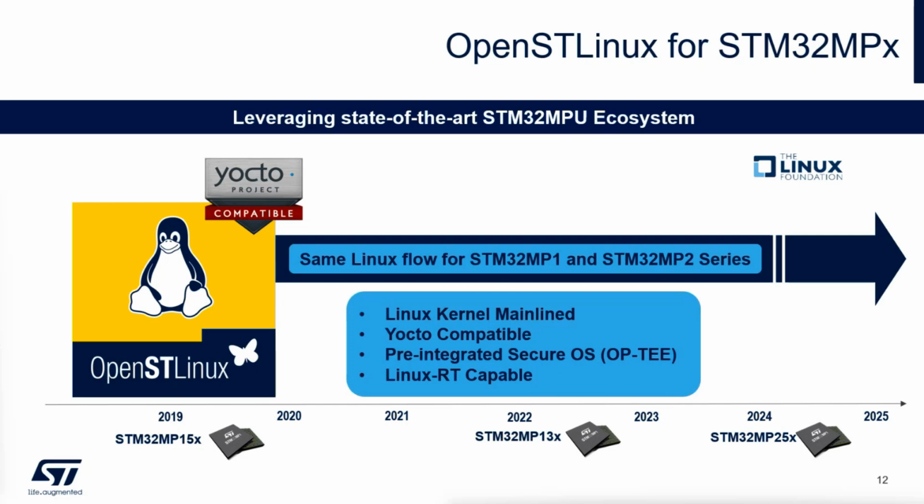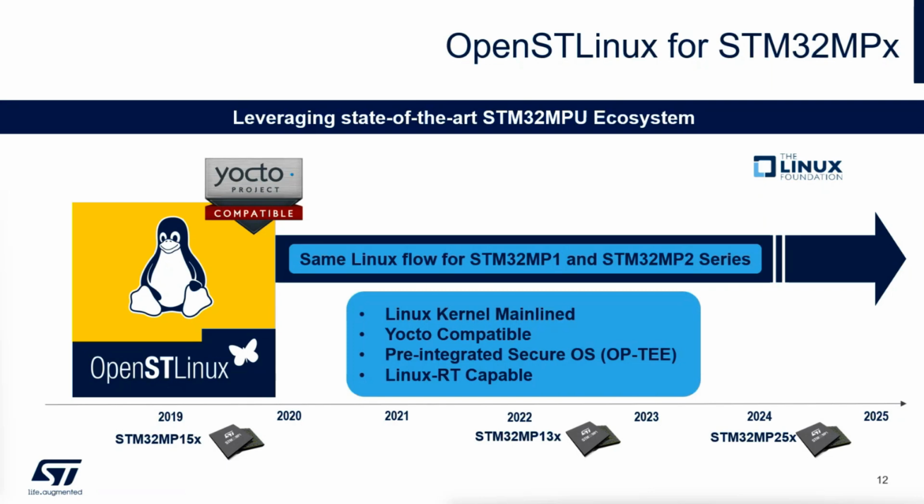So what is OpenST Linux? It's a set of drivers that has been purely mainline upstreamed to the community: the U-Boot community, the Linux community, TFA for the first stage bootloader. So we don't have a patch. It's a huge work actually to do that. And we also have people inside ST who are mainliners for some peripherals.